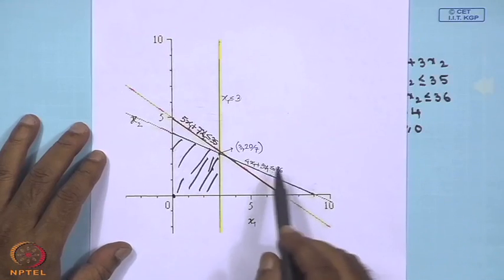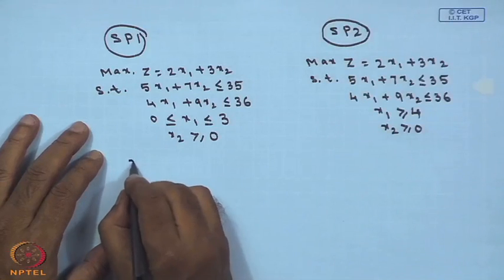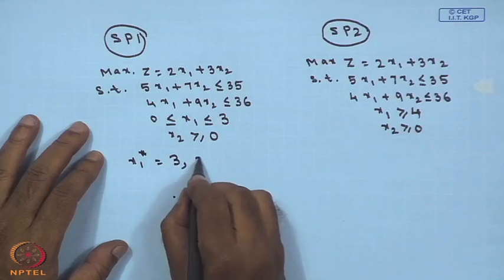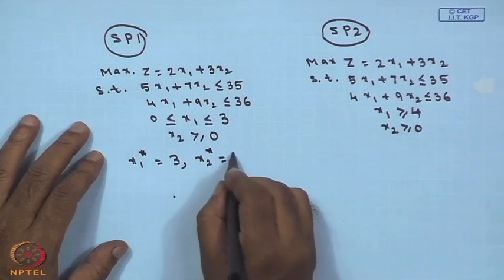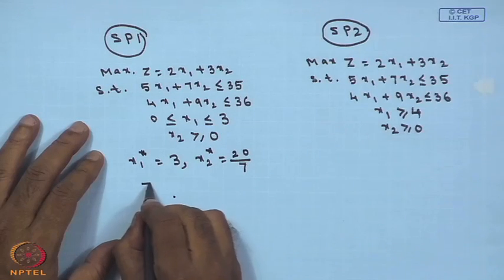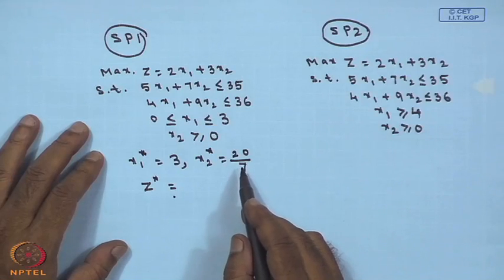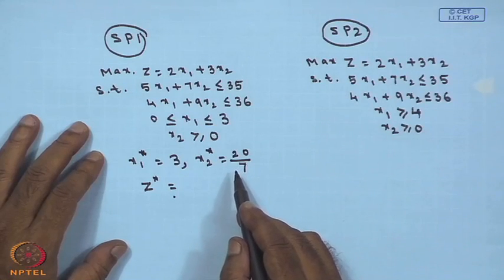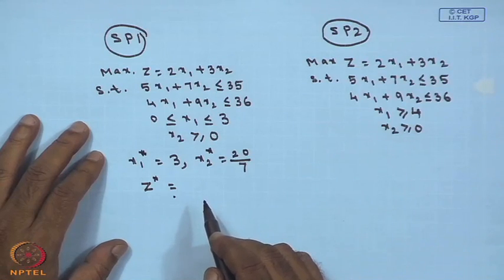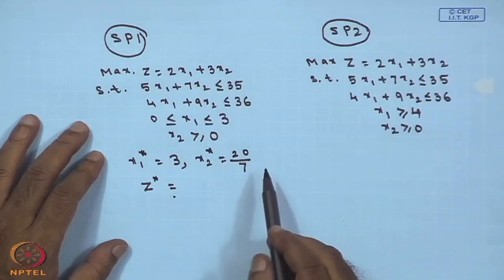For SP1 your solution is x1 star equals 3 and x2 star equals 20 by 7. You can calculate z star: it will be 6 plus 60 by 7, since x2 is 20 by 7.